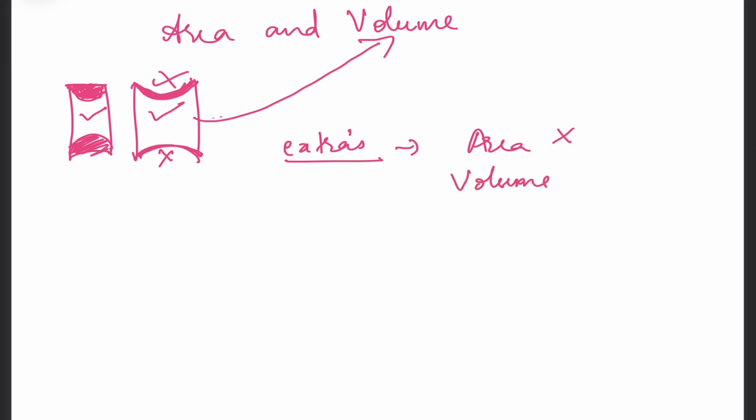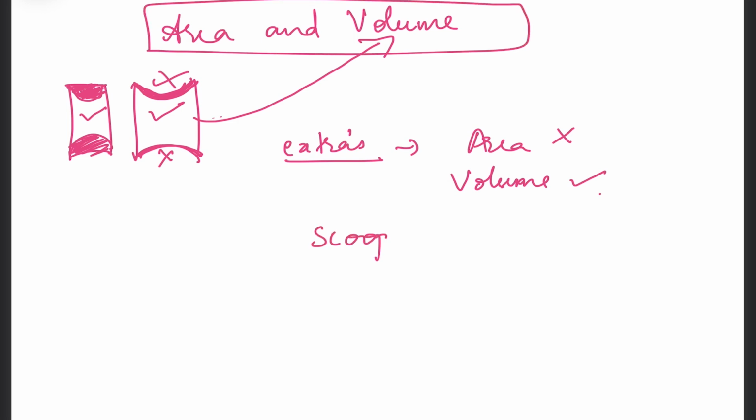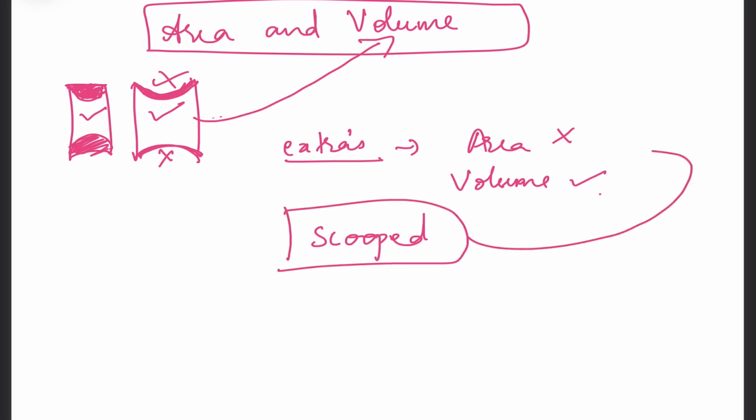It is the volume that changes. So this is a very important point. Whenever you come across the word scooped out, you get confused and apply the same logic to both area and volume. The area will not change when you scoop out a hemispherical part from the cylinder.